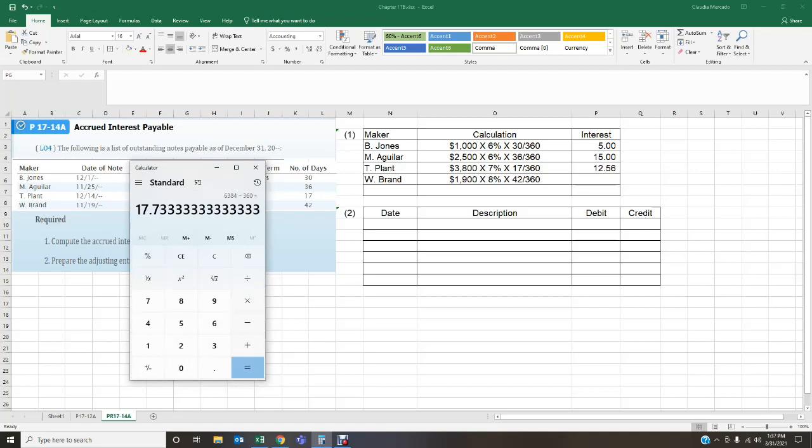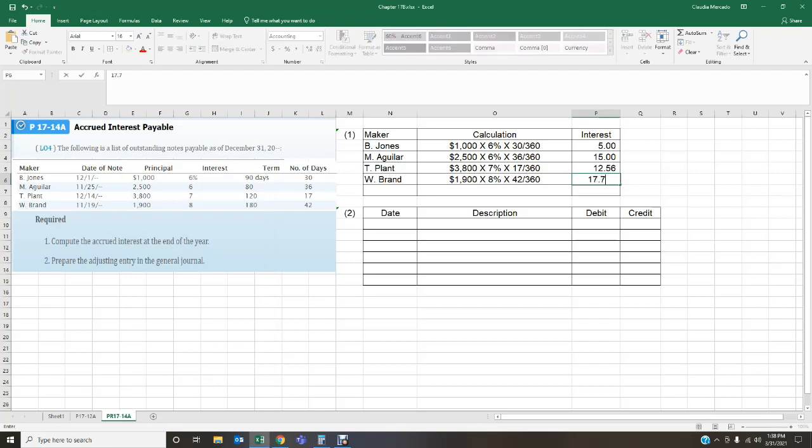So once again, we look at that third digit, because if it's 4 or less, then we keep that second digit as is. So we're going to keep it at $17.73.